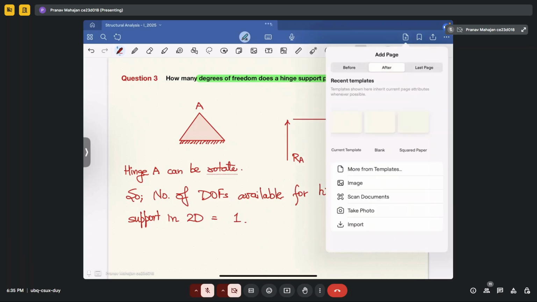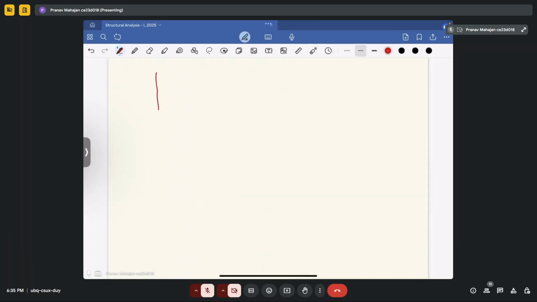Now talking about other supports also. You have the fixed support. How will you draw that? This is your fixed support. In this case, the total number of reactions is 1 horizontal reaction, 1 vertical reaction, and 1 moment.